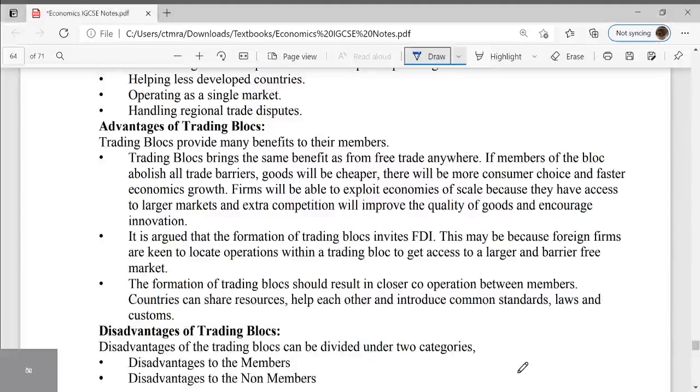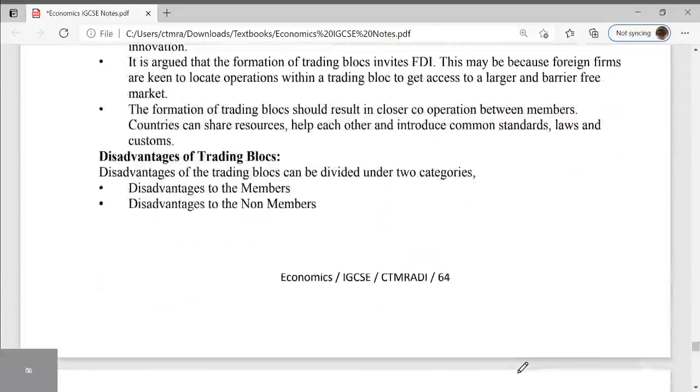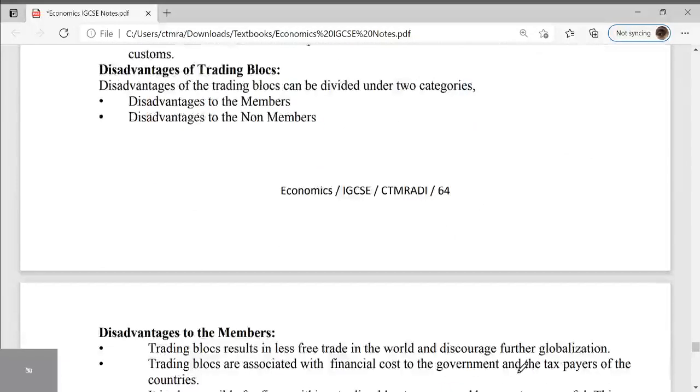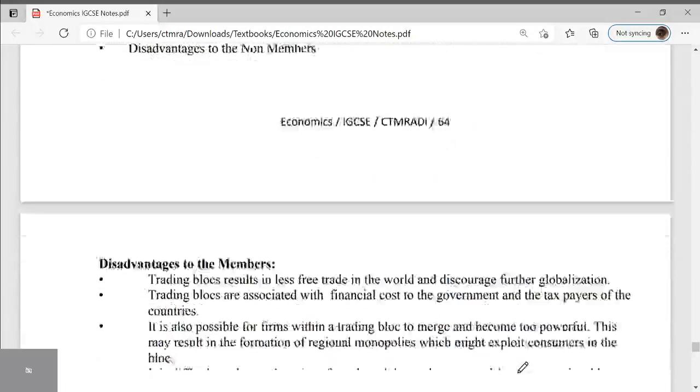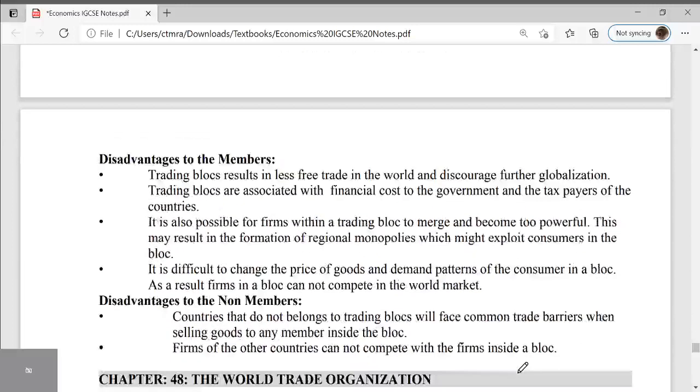Now we have disadvantages of trading blocs. Disadvantages of trading blocs can be divided under two categories: disadvantage to the members and disadvantage to the non-members. Disadvantage to the members includes trading, which will discourage further globalization, because they will trade between themselves and they won't be able to trade with other countries.